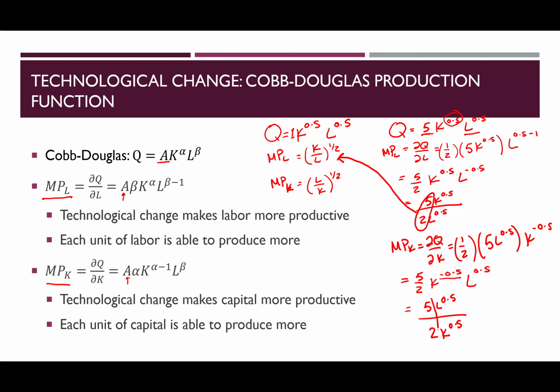So again, here we're seeing that the marginal product of capital is being modified by this 5 over 2 fraction, meaning that it's going to be 2.5 times larger than the marginal product of capital was without that technology shock. So we can see that that technology is now making capital and labor both more productive by the same degree.